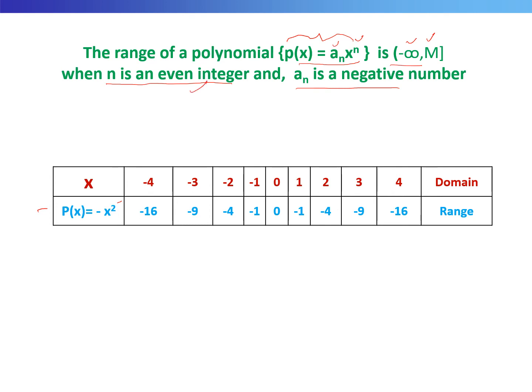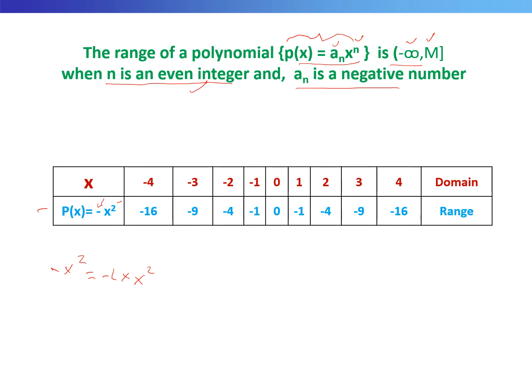Number 2, a sub n is a negative number, where a sub n is a coefficient. What we see here is we have just the negative sign, so we have negative x squared. Negative x squared is equivalent to saying negative 1 multiplied by x squared. So we can also say that the coefficient is a negative value.